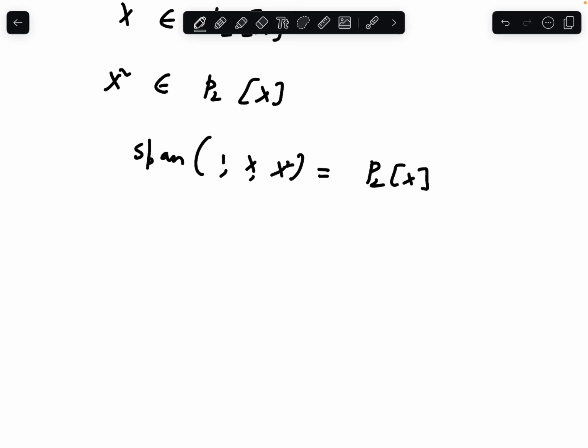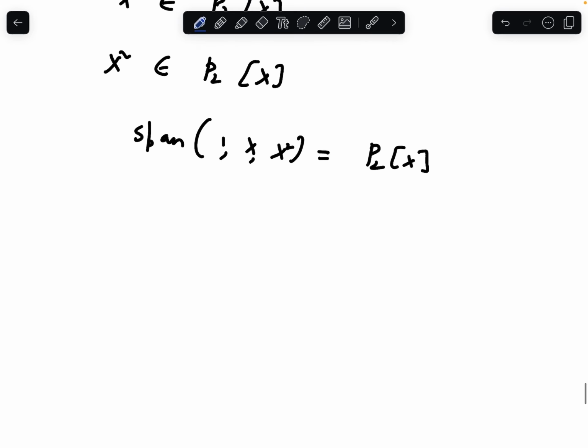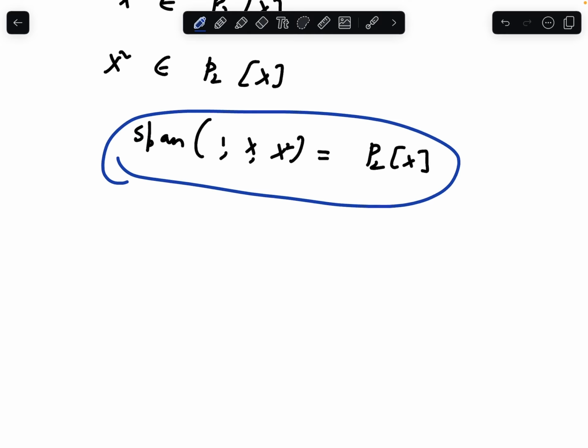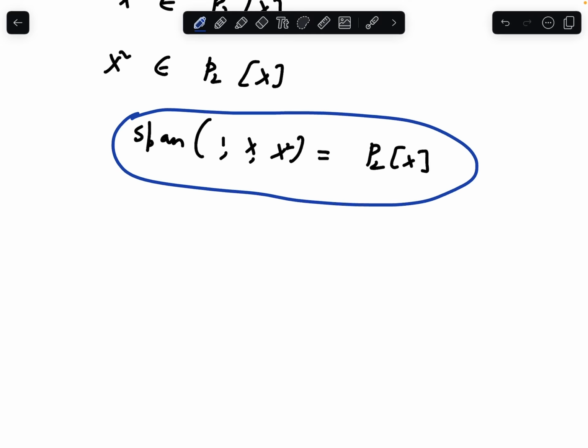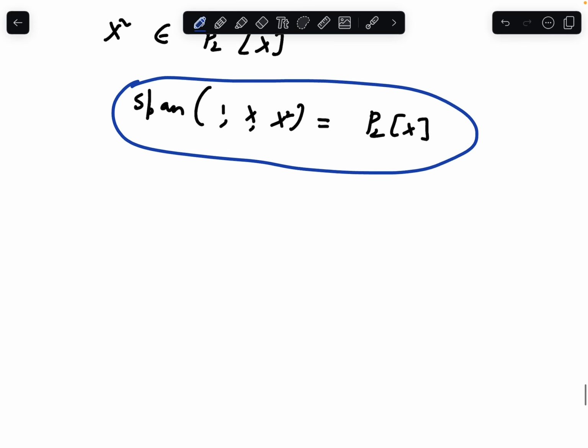Let's see. So we have to prove this. We want to prove this statement. How do we prove that these two spaces are equal?